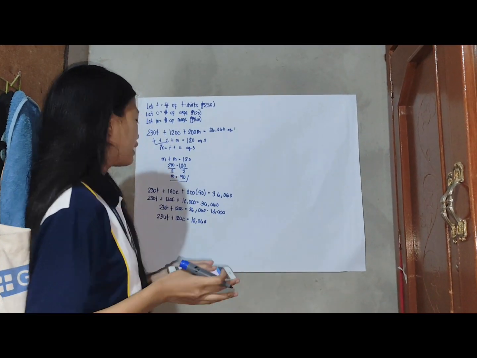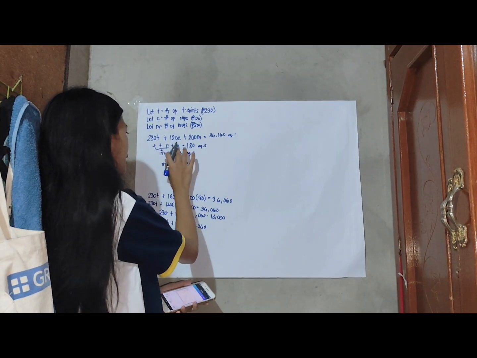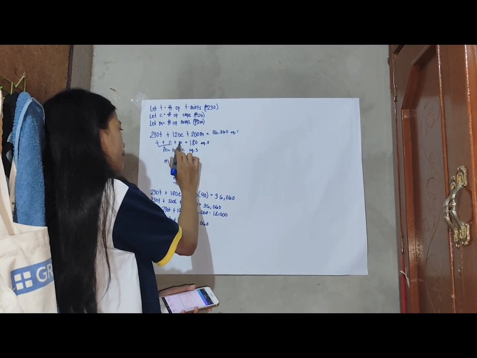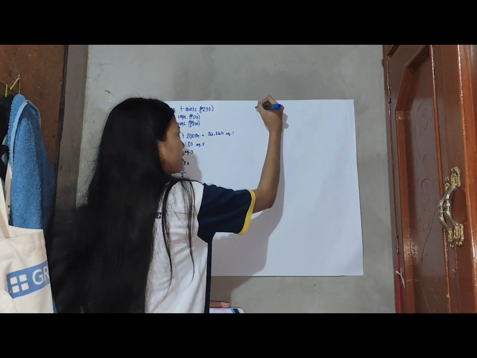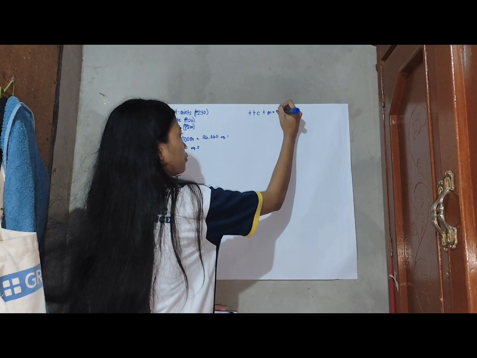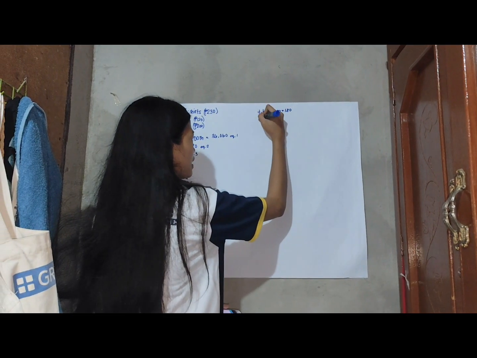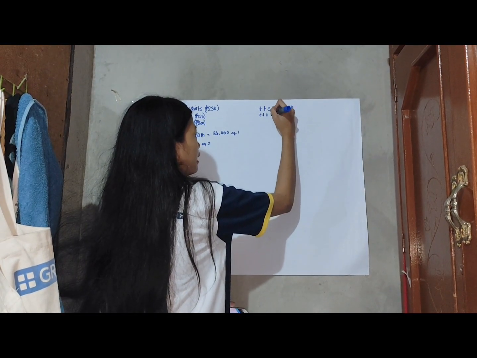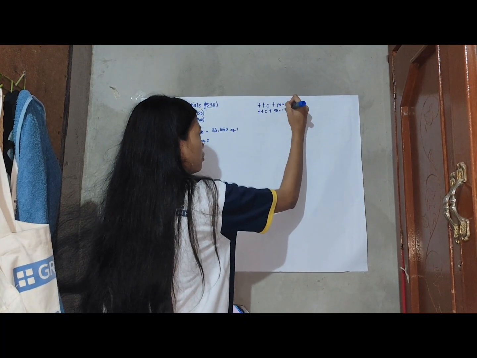Another thing that we can do is to derive a formula here, since we already found the value of m. So let's try that. t plus c plus m is equal to 180. So t plus c plus 90 is equal to 180.